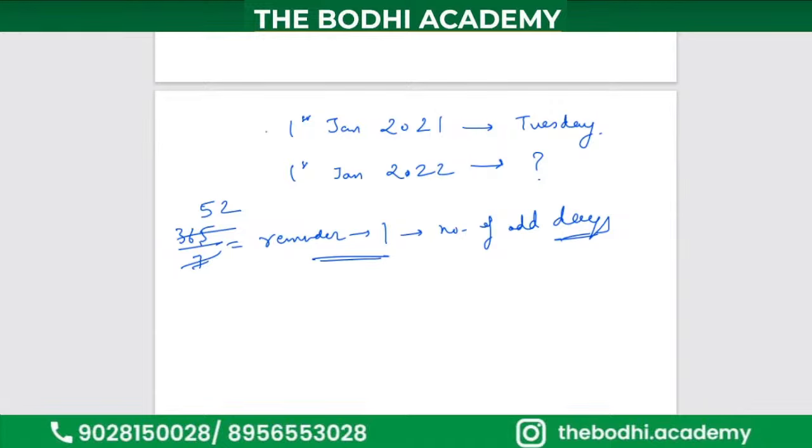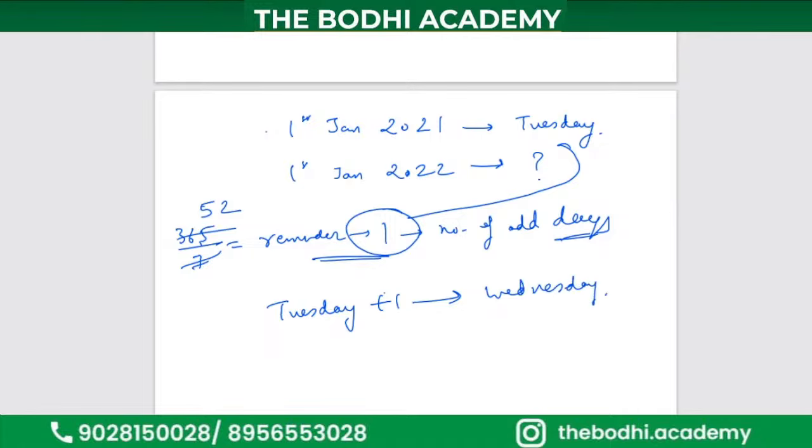Now, when you get the remainder, you have to add it to the day given in the question. In the question it is given as Tuesday, plus 1 will be Wednesday. So your 1st January 2022 will be Wednesday. 1 extra day you have to count.